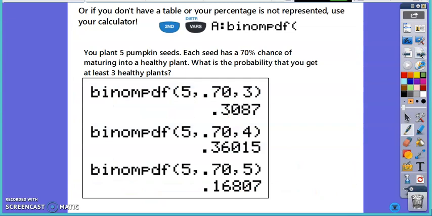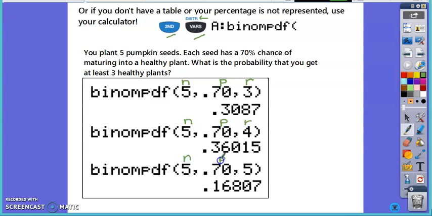And finally, there is a button on your calculator that can calculate each of these real fast. So Binomial PDF is under second vars, which is the distribution area of your calculator. Binomial PDF. And you're going to list the N, and then the P, and then the R. NPR.